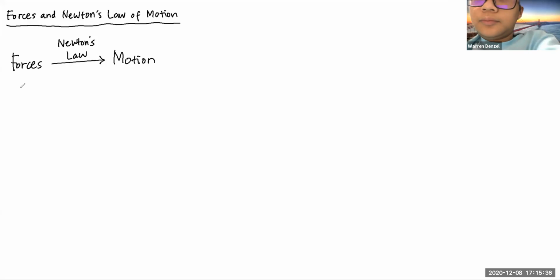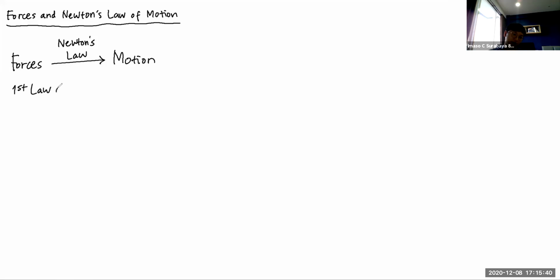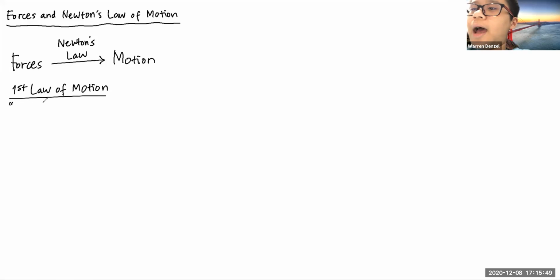The first law of motion. What does the first law of motion say? An object at rest will stay at rest, and an object that is in movement will stay in movement unless acted upon by an external force.